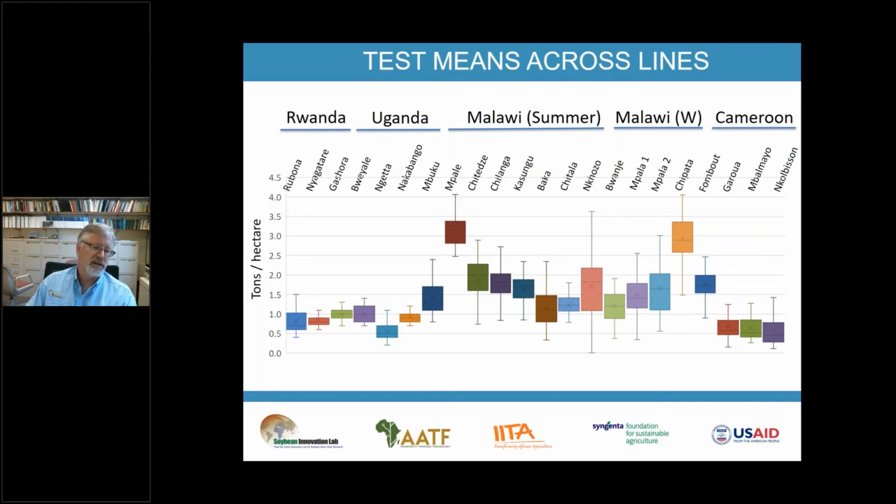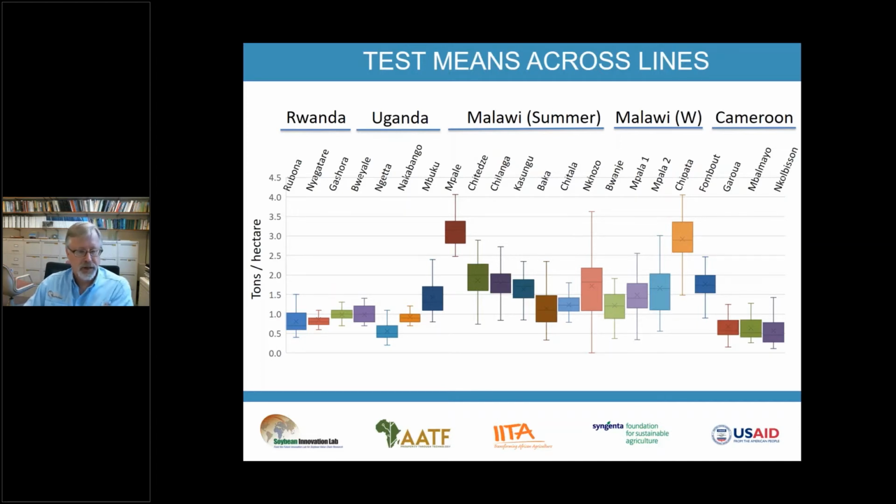This is called a box plot. With this box plot, what we have on the y-axis is yields in tons per hectare. And each column on this box plot shows the results from a different location.